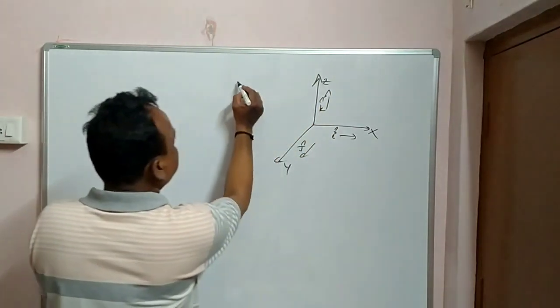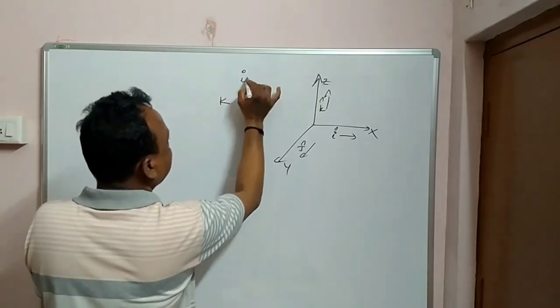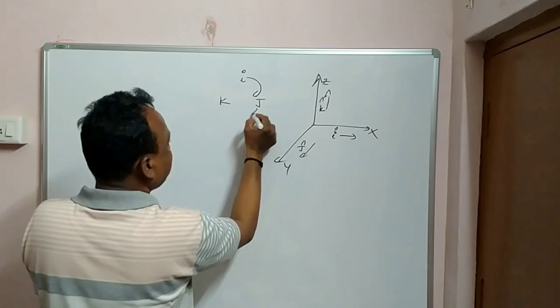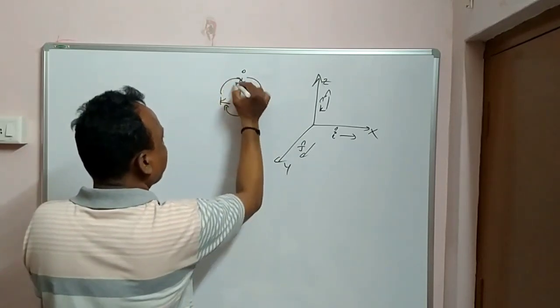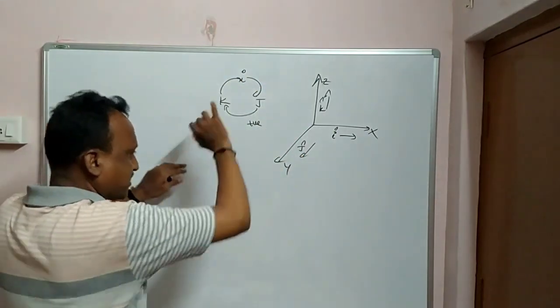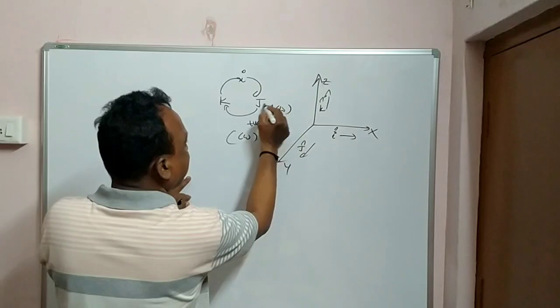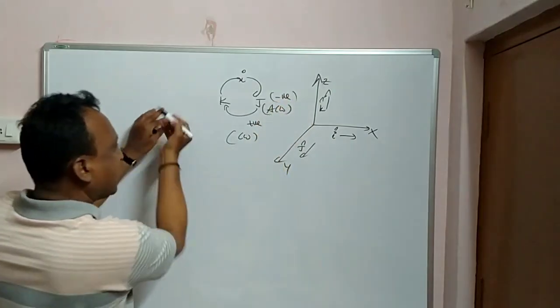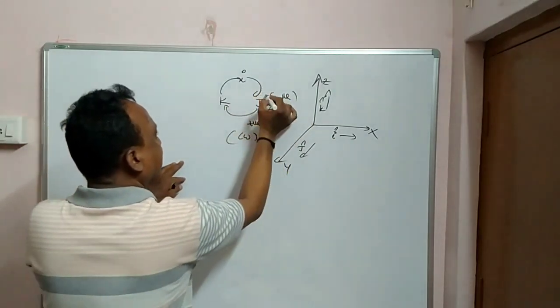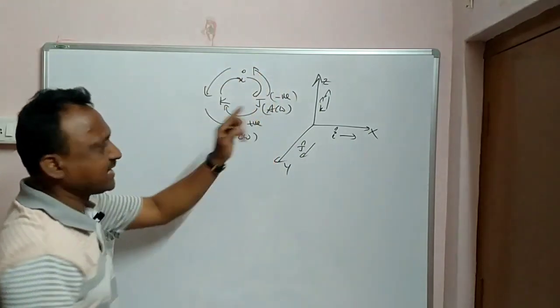That means this can also be represented in a simple way as i, j, k. i cross j, j cross k, k cross i. If this direction is taken as positive, for example clockwise, then anti-clockwise you can take as negative. This is anti-clockwise, so it is taken as negative.